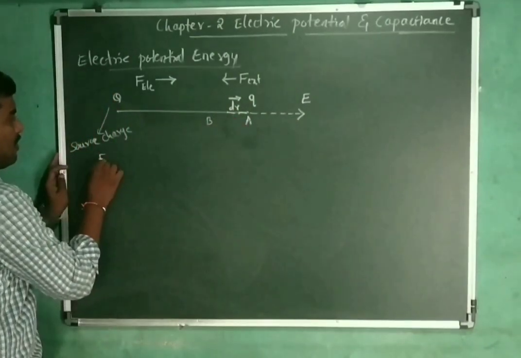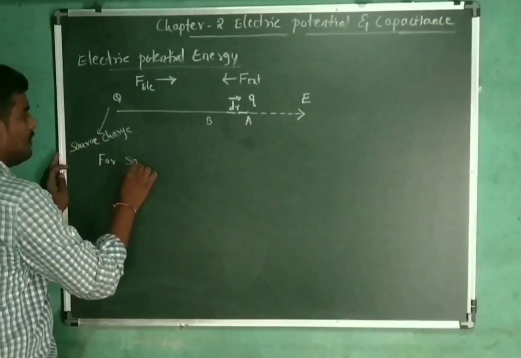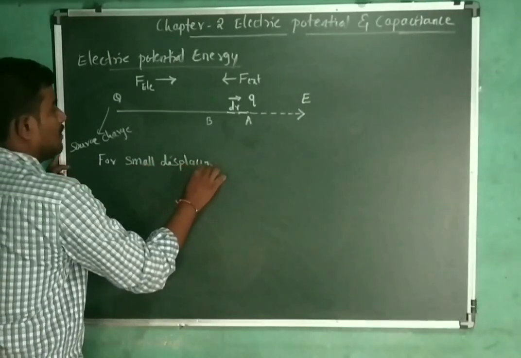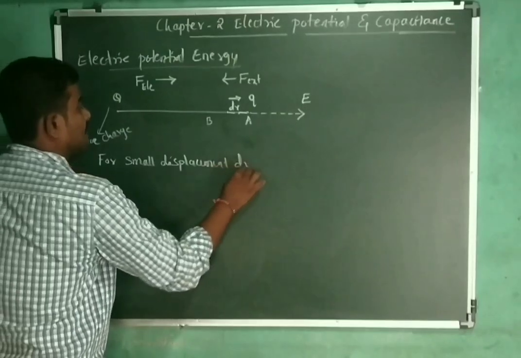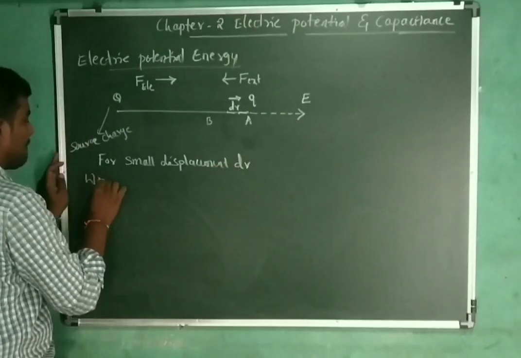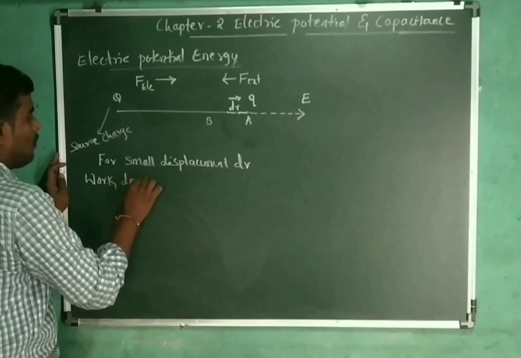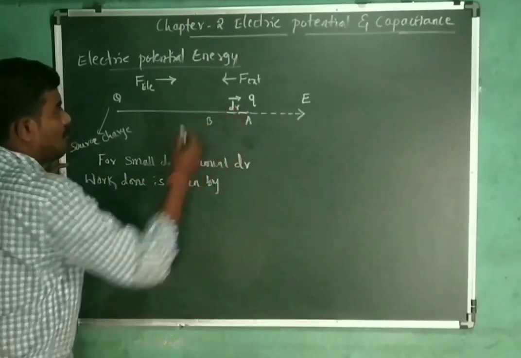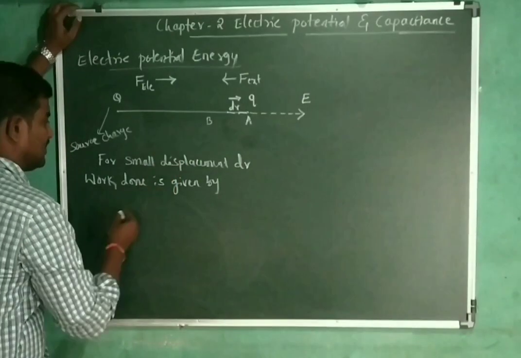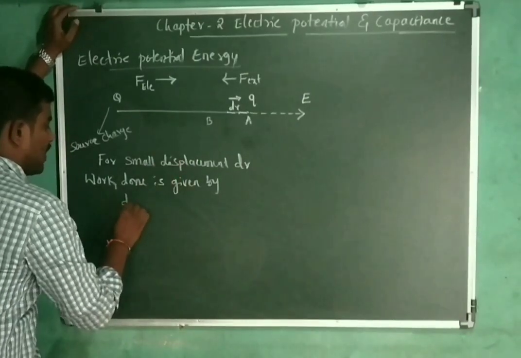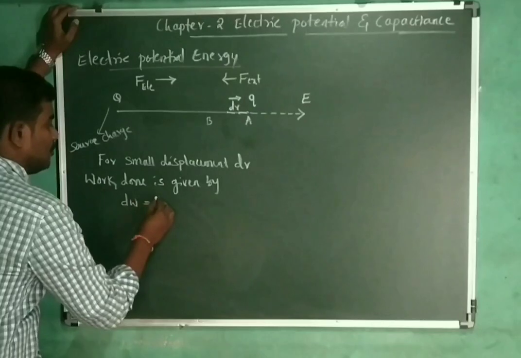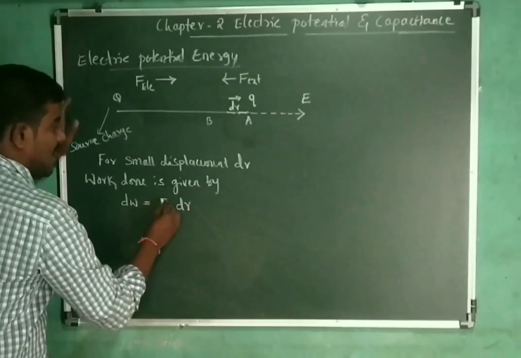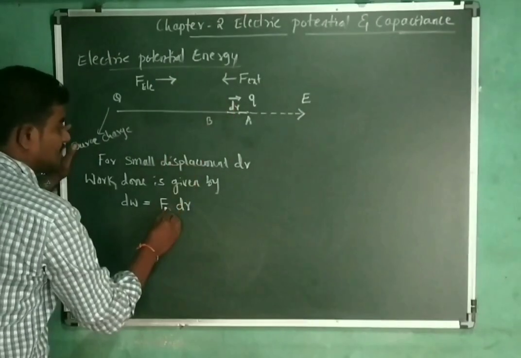For a small displacement dr, the work done is given by, for this very small displacement dr that I have considered, the work done will be dw. dw is equal to force into displacement dr. And what force is this? It is the external force.